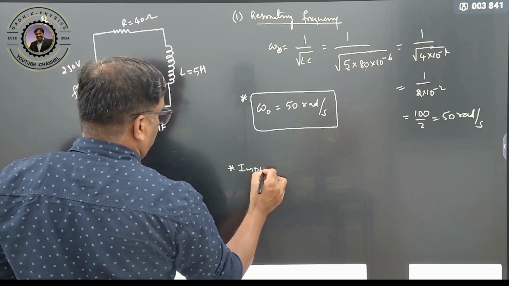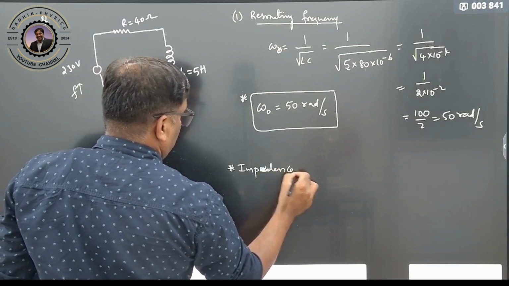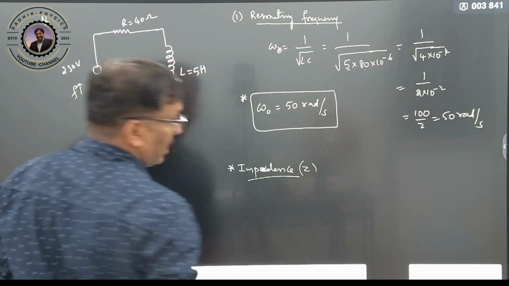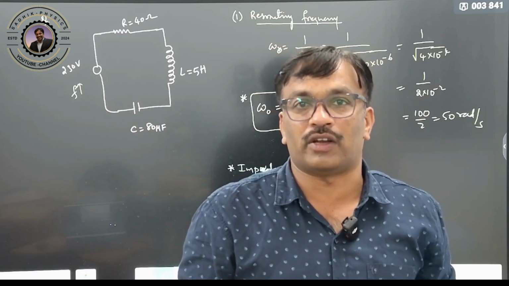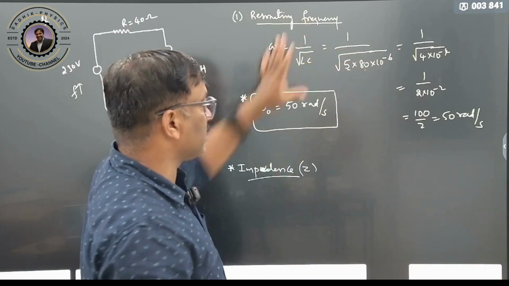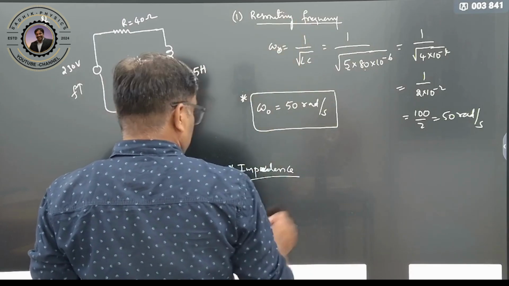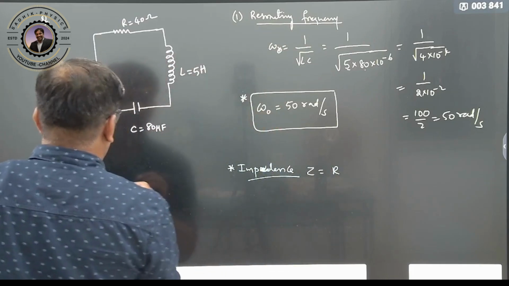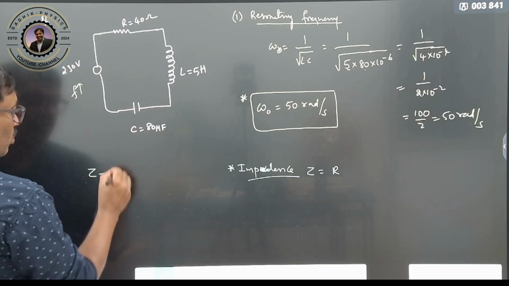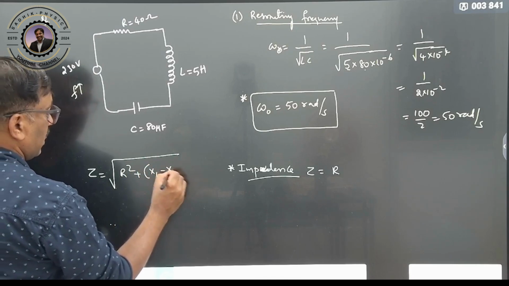Now we may calculate, at this resonating frequency, what is the impedance. Very important point. Impedance is Z. At resonating frequency, you should immediately get into your mind that impedance is nothing but the resistance. Why? The formula for impedance is root of R square plus XL minus XC whole square.